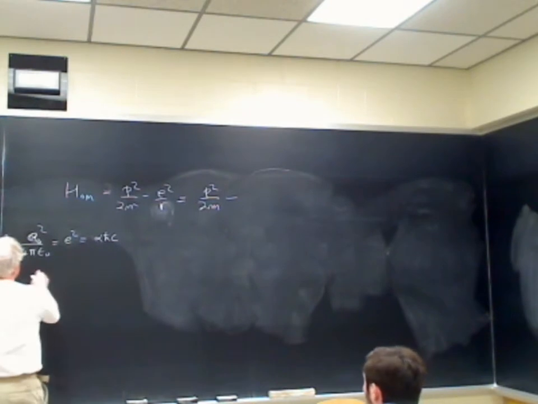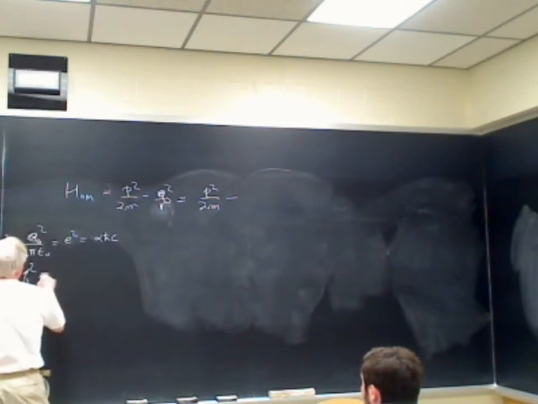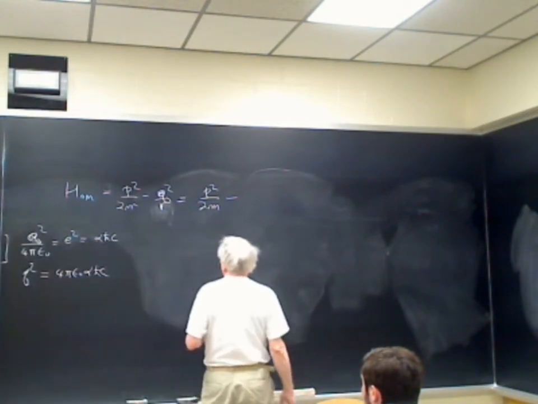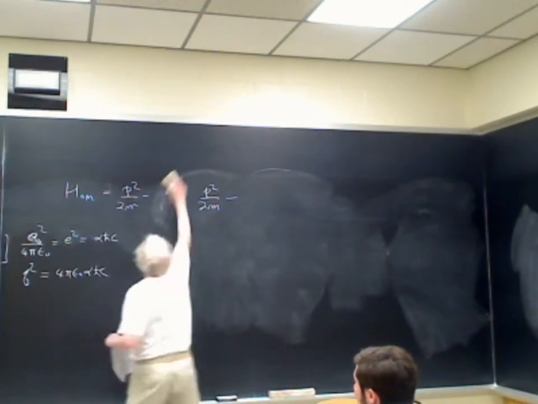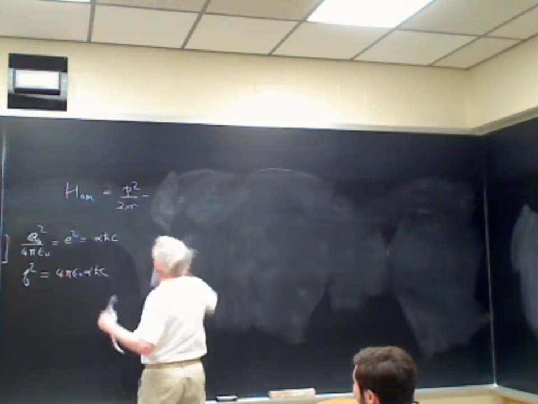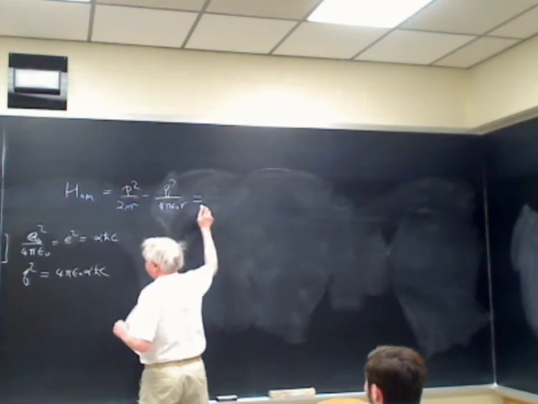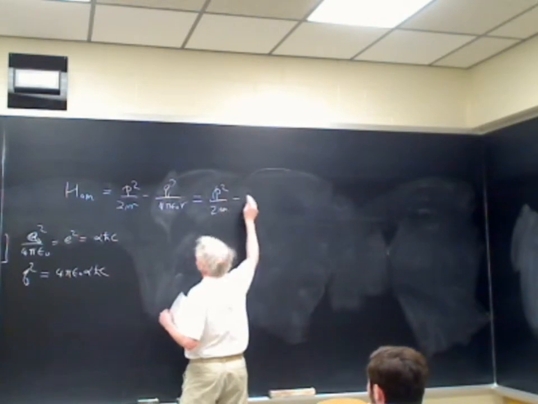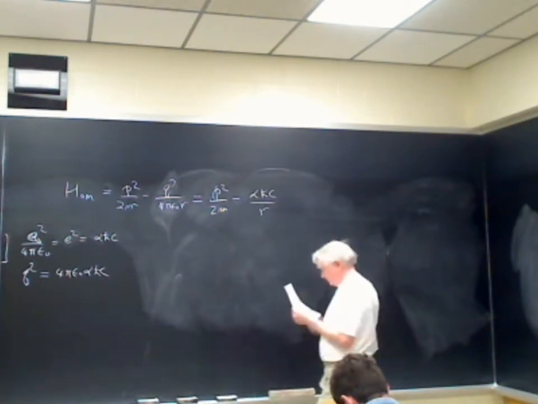So this Q squared is equal to 4 pi epsilon 0 alpha h bar c. I haven't changed from the units here. So this would be Q squared over 4 pi epsilon 0 R, and this then turns into P squared over twice the reduced mass minus alpha h bar c over R. That's the way it goes.